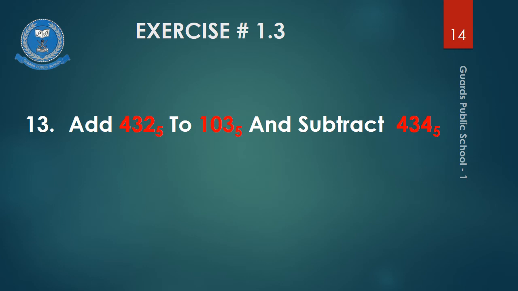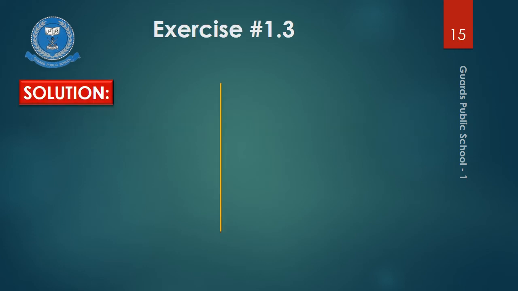Exercise number 1.3 and question number 13 is add 4, 3, 2 with base 5 to 1, 0, 3 with base 5 and subtract 4, 3, 4 with base 5. After solution, first add 4, 3, 2 with base 5 to 1, 0, 3 with base 5.